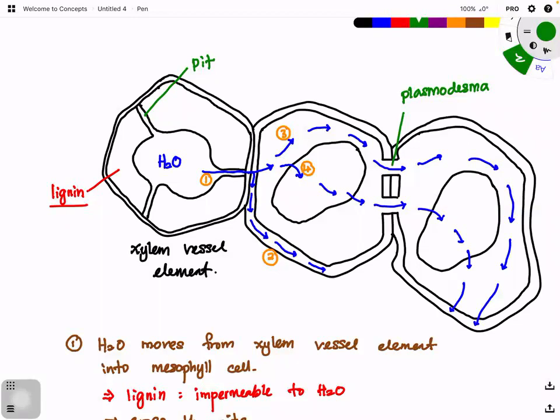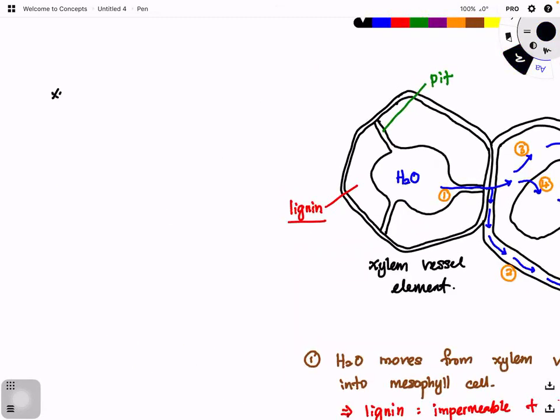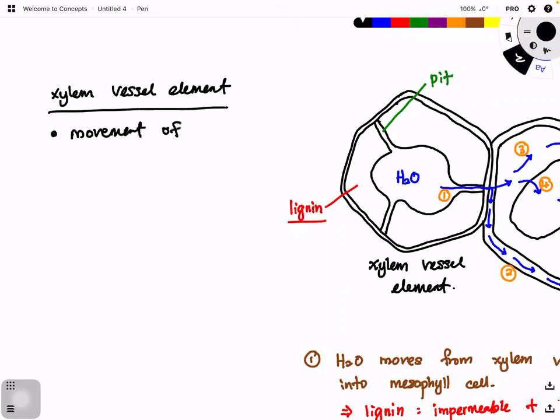So come back to this diagram. What we're going to focus on now is this. I use the black color. If you look at the xylem vessel element, what should happen to it? Because of the movement of water molecules from xylem vessel element to mesophyll cells, correct or not?